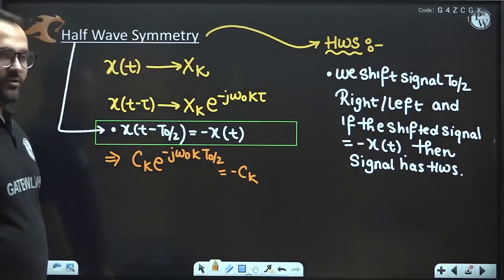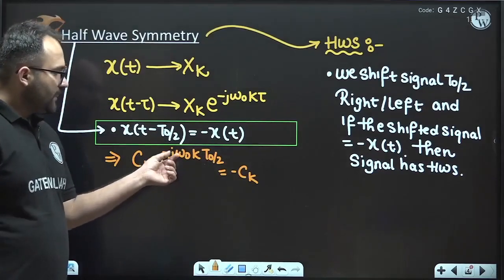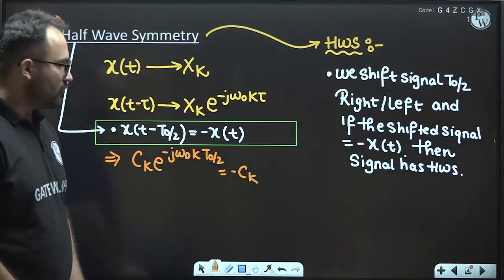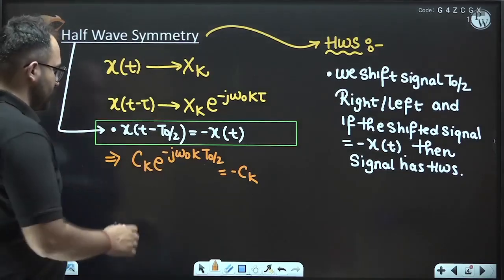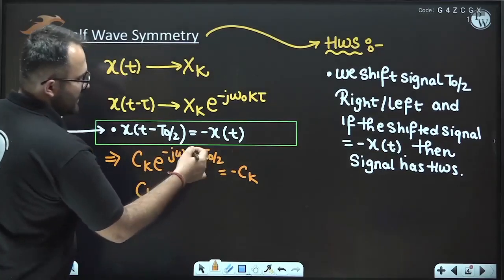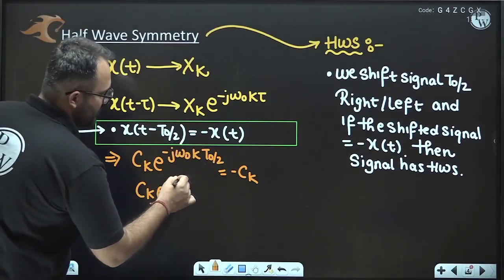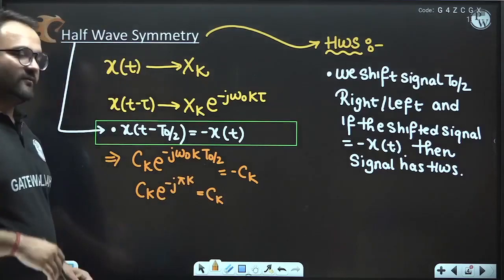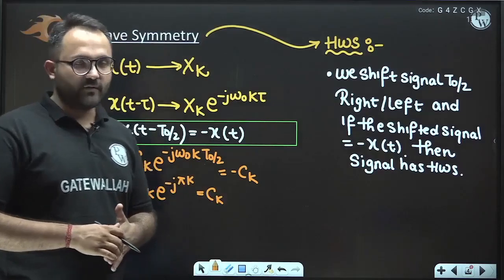Since we know that omega naught is 2 pi by time period, omega naught T naught will be equal to 2 pi, so this will become e to power minus j 2 pi by 2, that is pi k, equals minus c_k. Now what is e to power j pi? We all know that e to power j pi is minus 1.